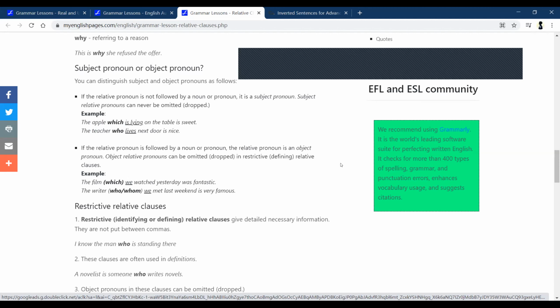You can omit them and express the same meaning. For example, the film we watched yesterday was fantastic. The film which we watched yesterday was fantastic. The writer we met last weekend is very famous. The writer who we met last weekend is very famous. For this clause, object relative pronouns can be omitted in restrictive relative clauses.